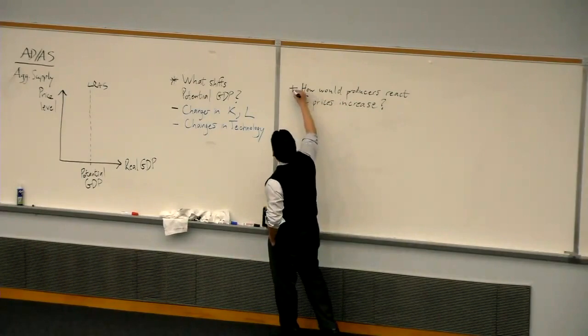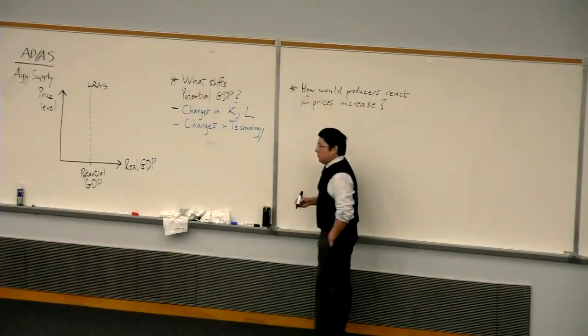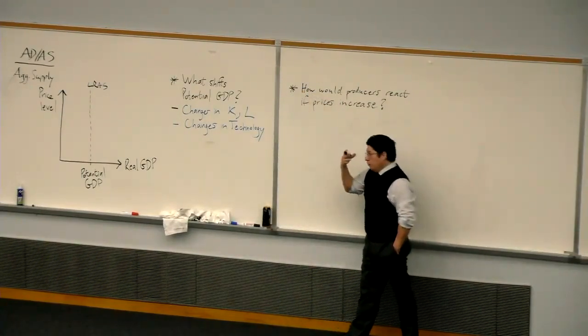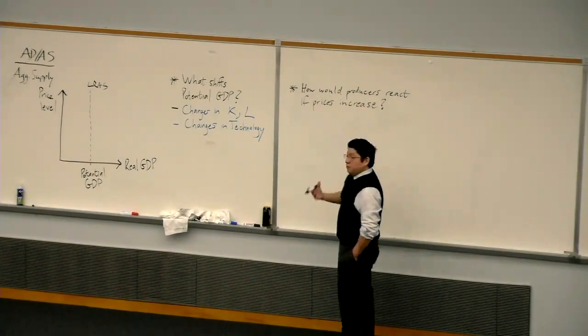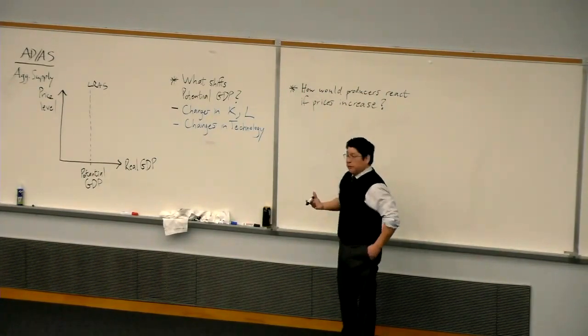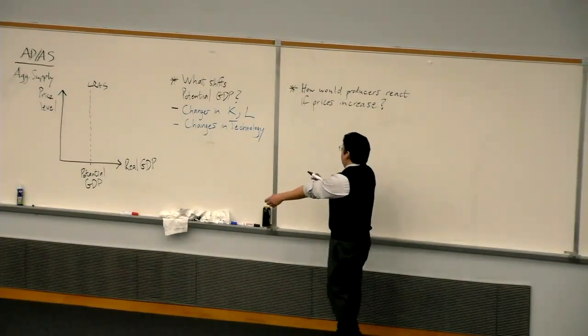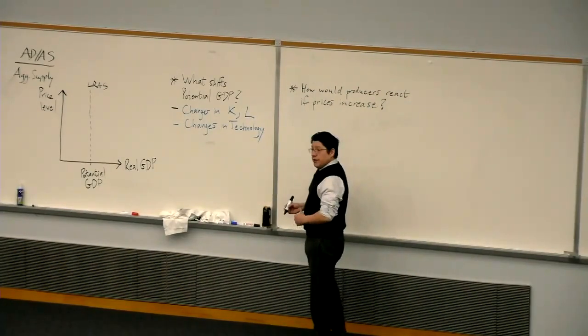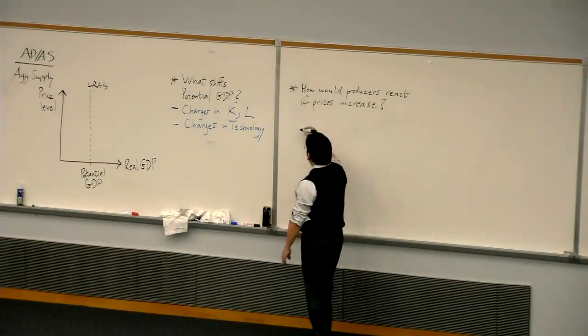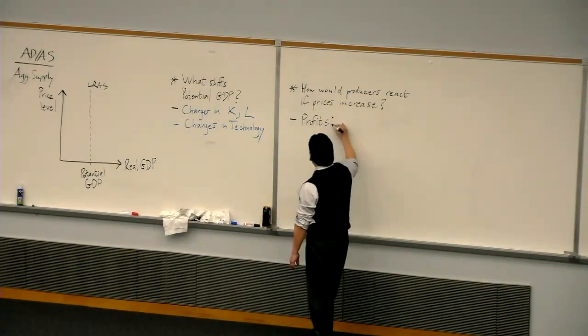We discussed that in order to answer this question, we needed to think about what the producers are trying to actually achieve when they're deciding how much to produce. And we figured out that they're trying to maximize profits. So then in order to answer this question, we need to remind ourselves of what profits are.